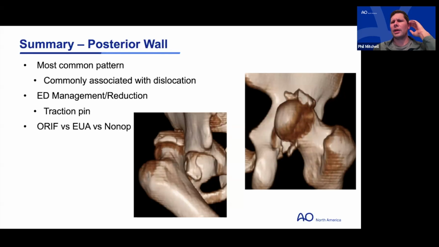So I don't know. Have you? Go ahead, Patrick. Yeah, I think the other important thing for the medical students and early residents and interns is if you notice on a post-reduction CT that there is a fragment in the joint between the femoral head and the top of the joint, that's a great indication for traction.